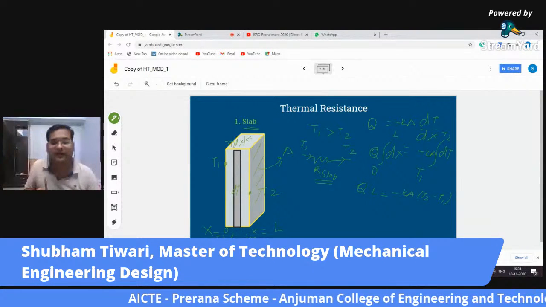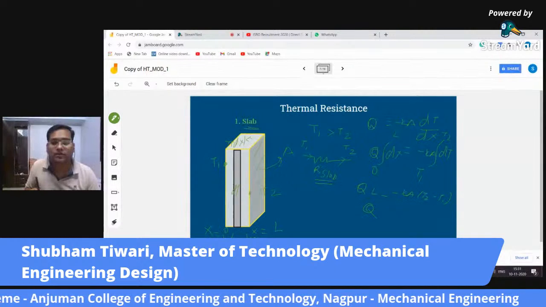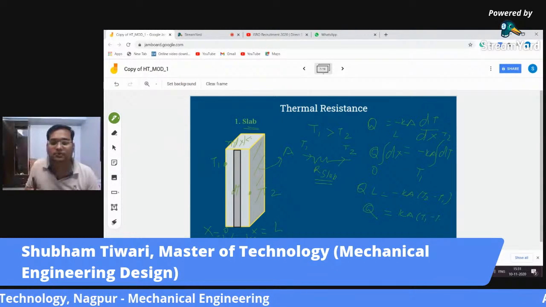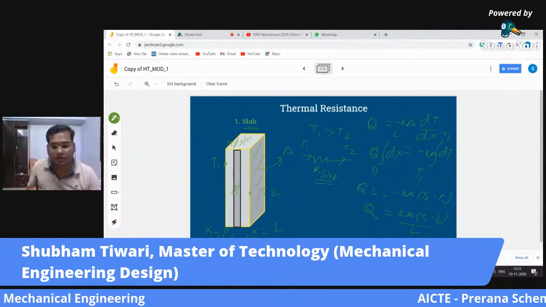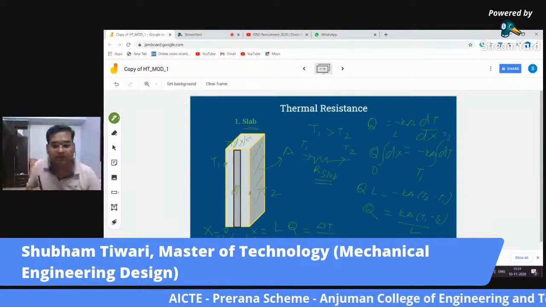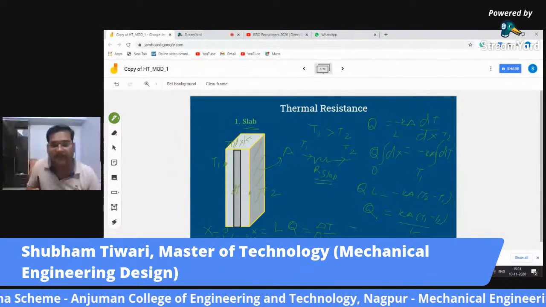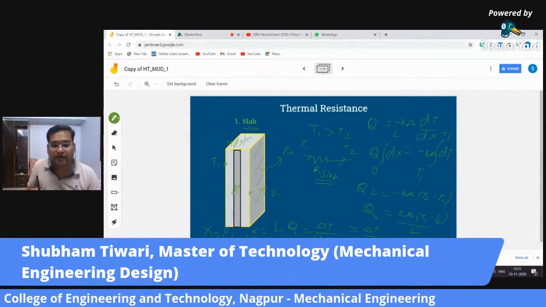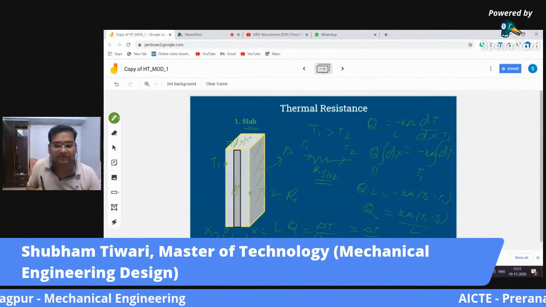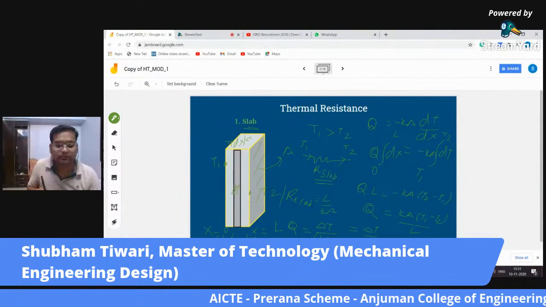Hence, we have to take the negative sign here, and it becomes Q equals KA (T1 minus T2) by L. I can rearrange this equation as Q equals delta T upon L by KA. Now, isn't it similar to delta T by R thermal? Which means that the resistance of the slab is equal to L by KA.